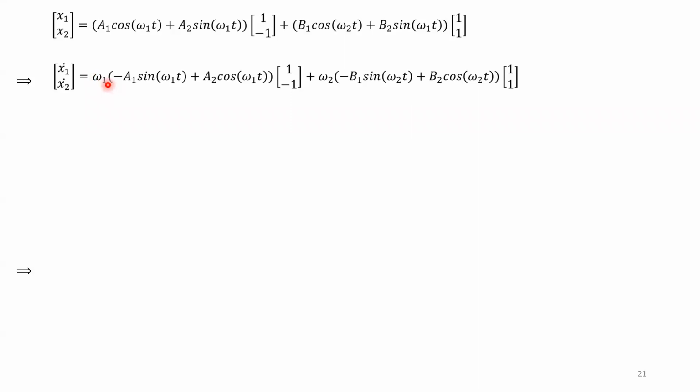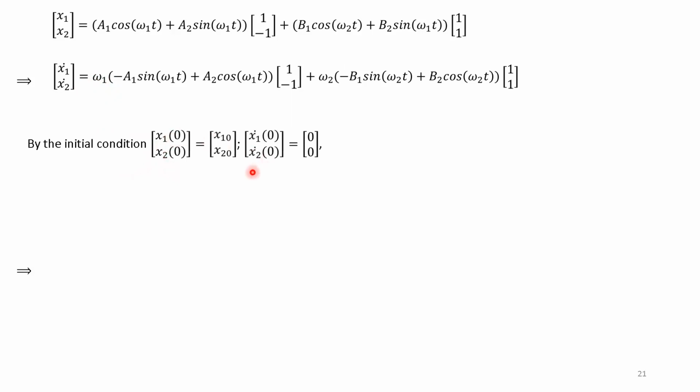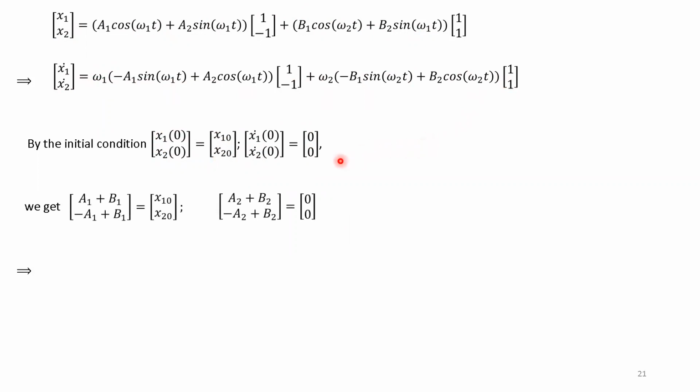Now I'm going to take the initial condition, as I gave you in the last slide. You just plug this into the first equation, and plug this into the second equation over here. Then you find the relation between these constants and the initial condition. Okay.